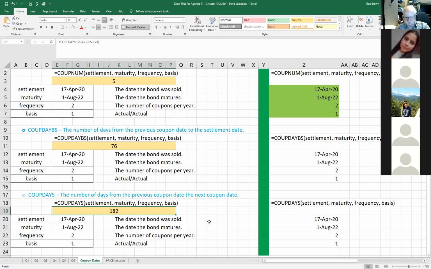So this guy is going to be paid for 76 out of 182. So make a note of those dates. 5 coupons and 76 out of 182. It's worth writing them down because we'll need them. 5, 76, 182. So let's get rid of that.